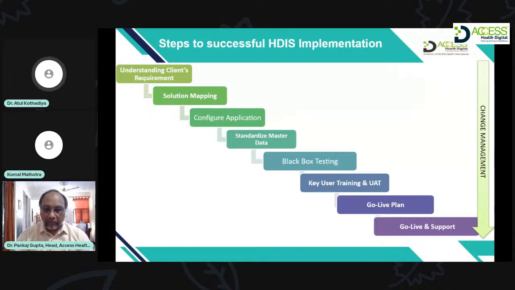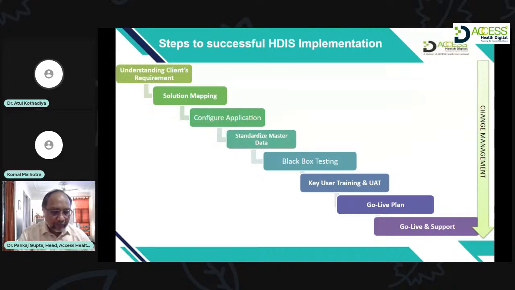In case it's a greenfield project, where the client is not using any software, their existing forms, maybe nursing station forms, whatever forms they are filling, will be studied by the implementation team, and based on that the requirements are gathered.